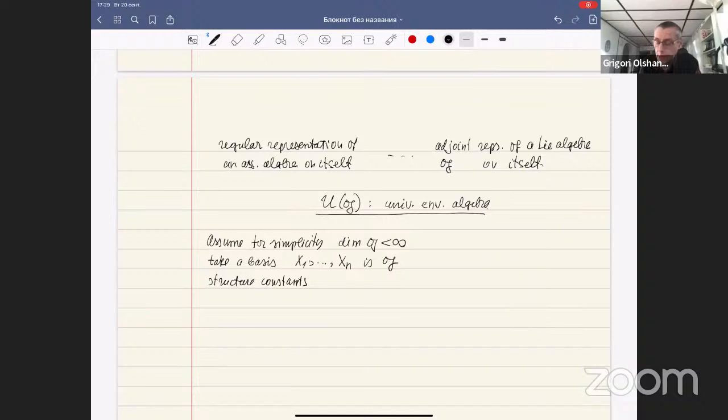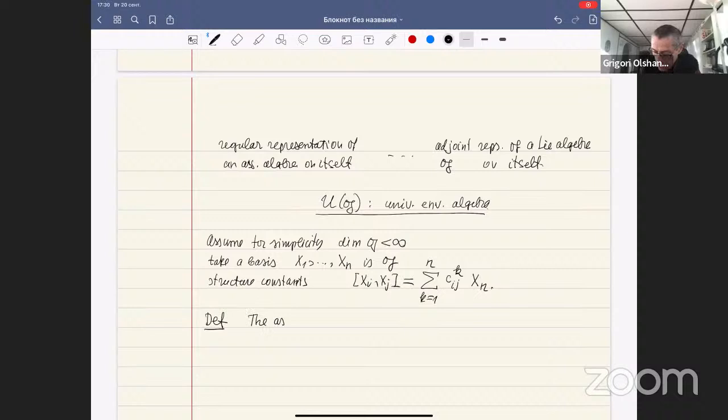which are related to our bracket, which means that we take the bracket of any two basis elements, and this should be some linear combination, right? This linear combination, these are some coefficients. So this is just some display for the bracket. And then the definition is as follows.